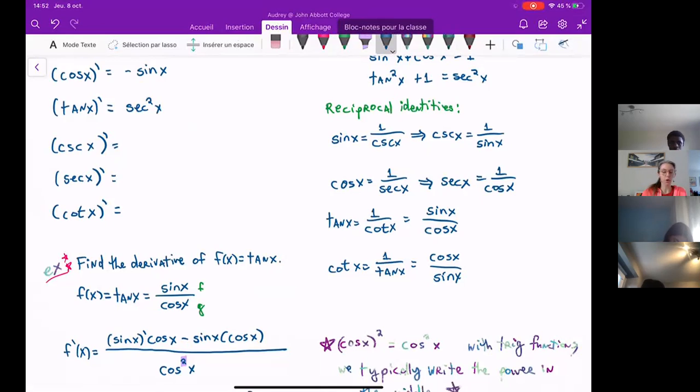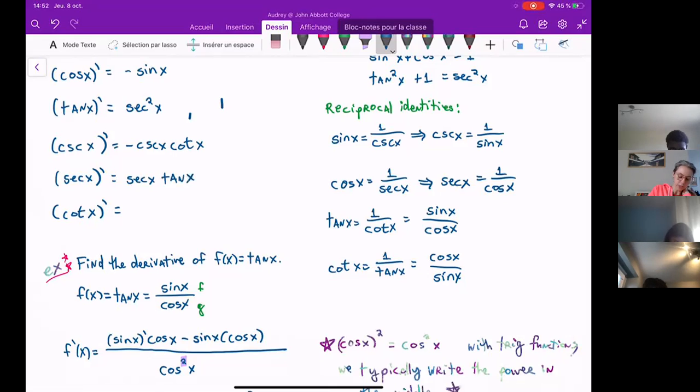Okay, so the rest of them, I could go through and do similar things, but because these identities are new for you, it's going to be easier for me to just give these to you. The derivative of cosecant is negative cosecant x cotangent x. The derivative of secant is secant x tangent x.